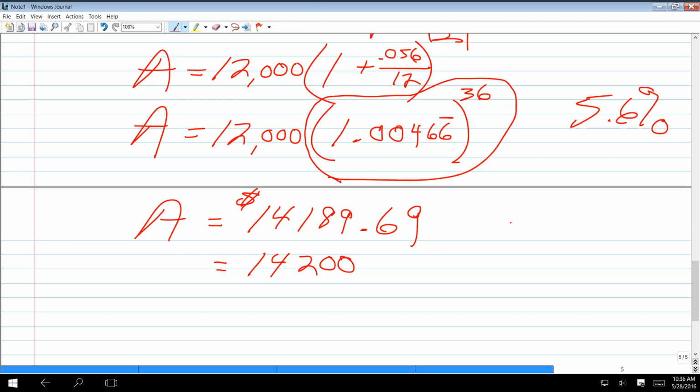Yes, but there's a limit. The difference between compounding daily and compounding continuously is almost nothing. The difference between compounded daily and compounded yearly is significant.